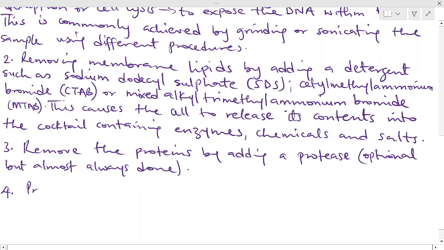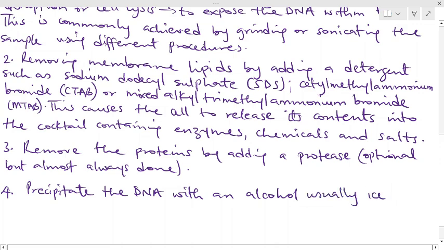The next step we want to do is to precipitate the DNA with an alcohol. We want to isolate the DNA and bring it out. So we precipitate the DNA with an alcohol, usually ice cold ethanol or isopropanol.